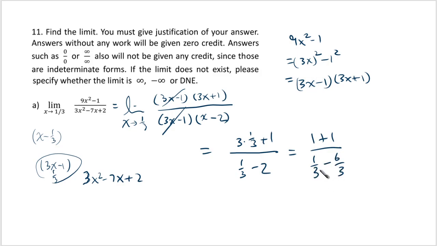So I made common denominators, so this becomes 2 over negative 5 over 3. Now we have a fraction inside the fraction that has to be simplified. How? Multiply 3 top and bottom. Then 2 times 3 gives you 6, whereas 3 cancels, you get negative 5 on the bottom. So the answer is negative 6 over 5.